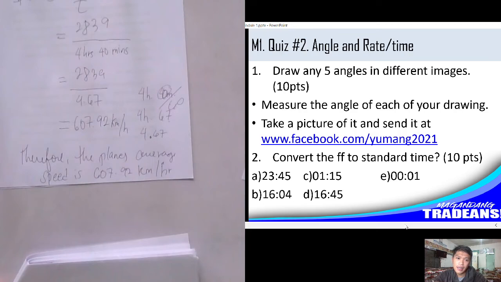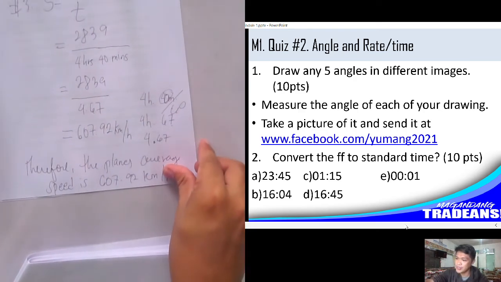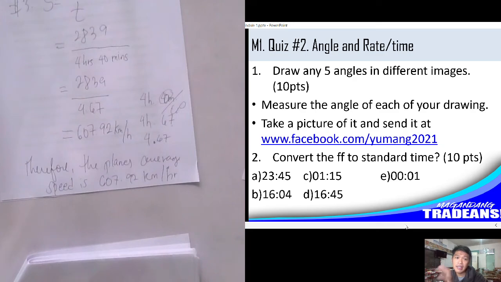Okay, while you are copying, I would like to announce this. For quiz number 2, draw any 5 angles in different images. 10 points po yun siya. So, in other words, gagawa kayo ng 5 angles.